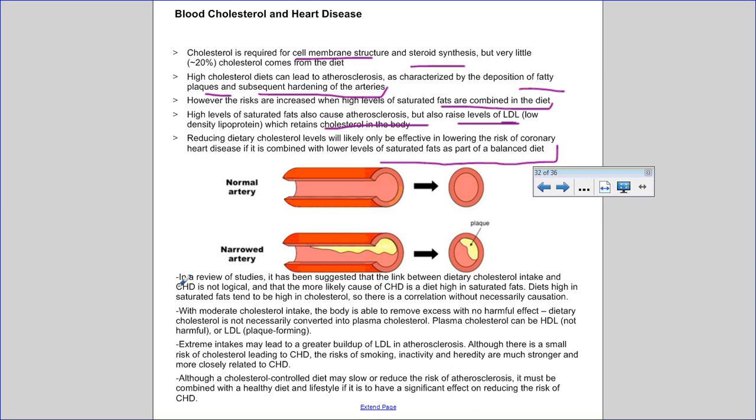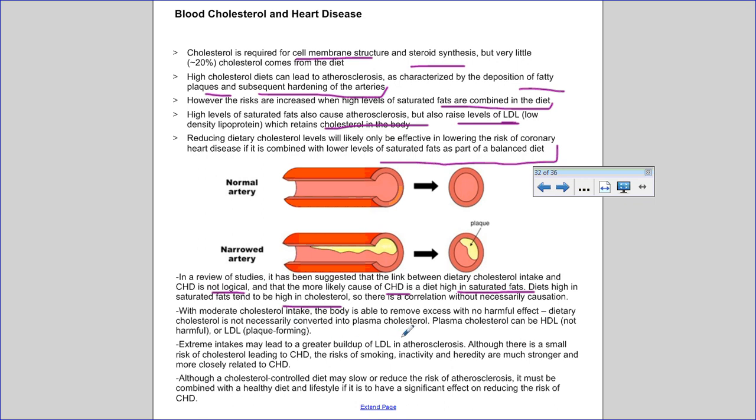In a review of studies, it has been suggested that the link between dietary cholesterol intake and coronary heart disease is not logical, and that the more likely cause is a diet high in saturated fats. Diets high in saturated fats tend to be high in cholesterol as well. So there is correlation without necessarily causation.